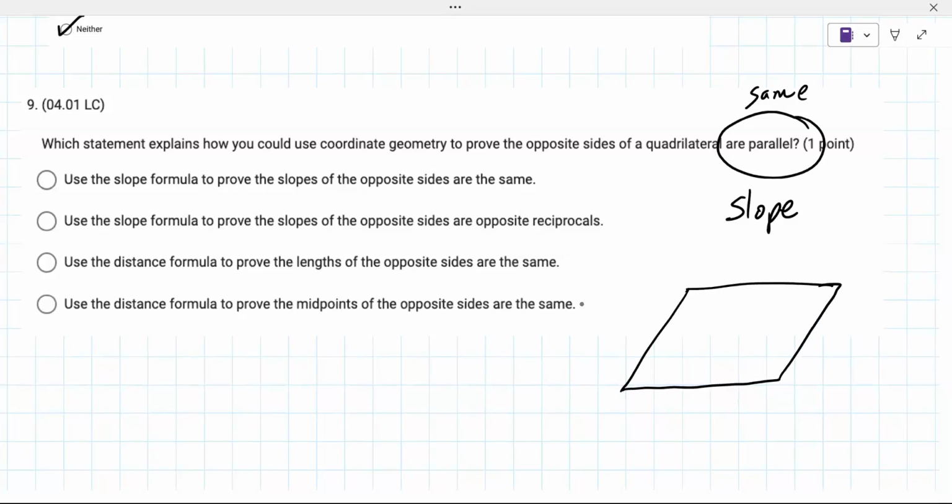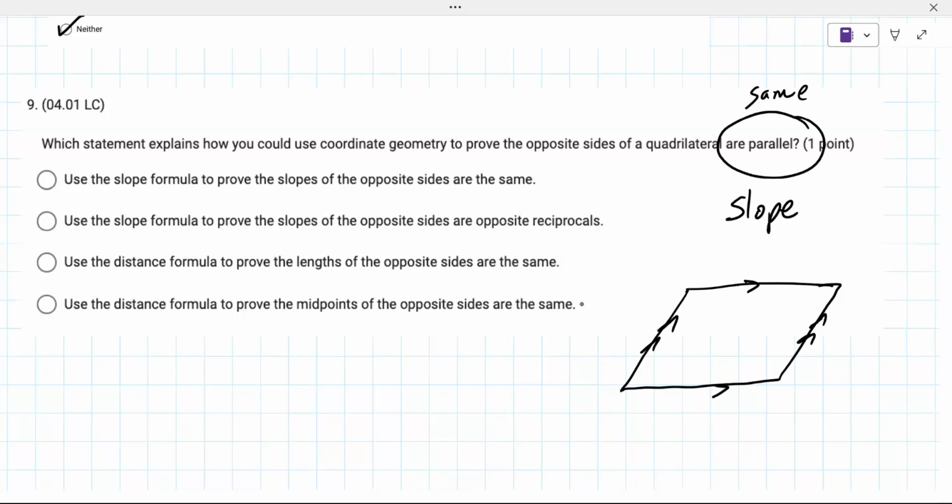Opposite reciprocals, here's what they mean by that. The top and the bottom are opposite, and they need to have the same slope. The left and the right are opposite. They need to have the same slope. Would it be number two then?